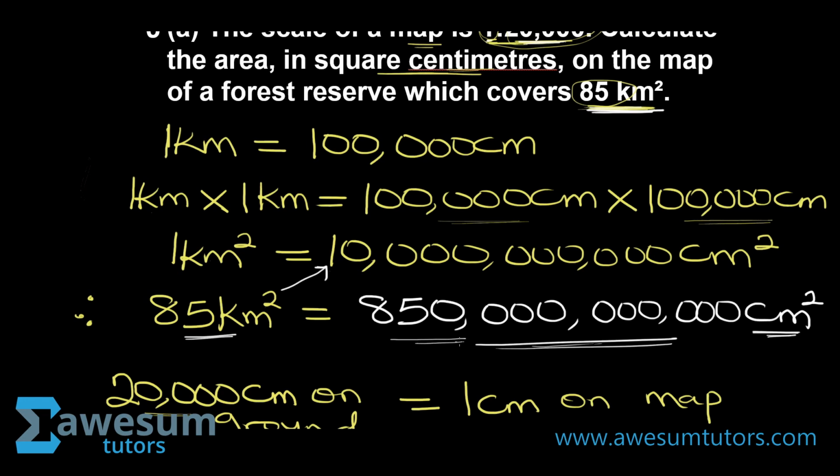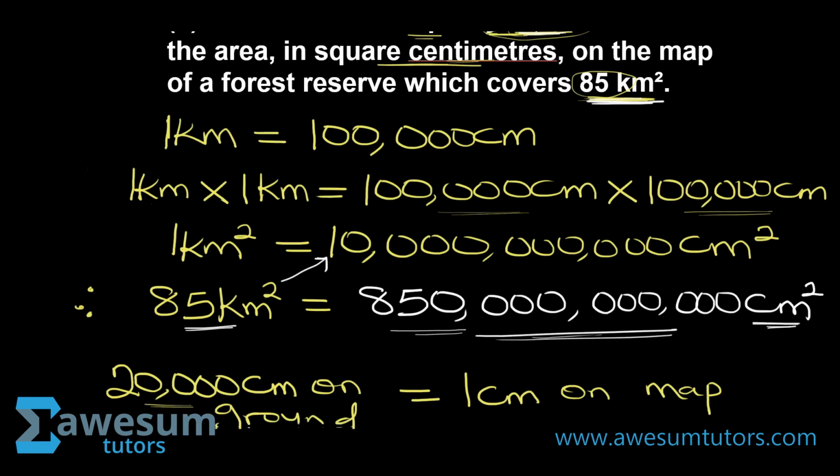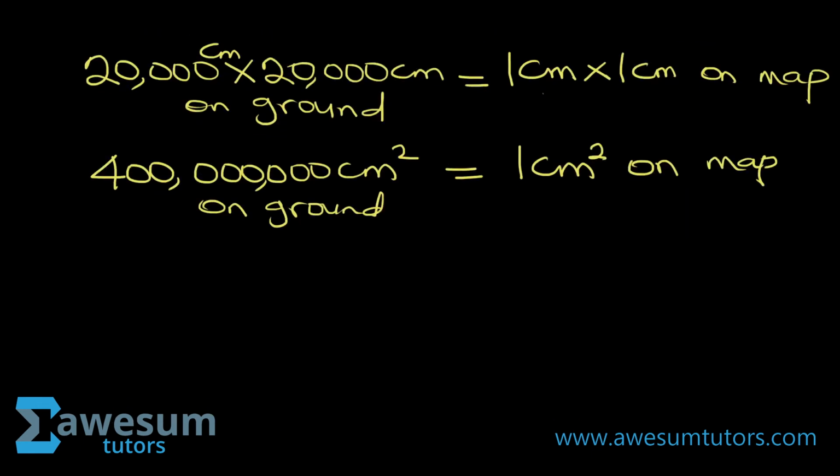So now we can come back here and do this, since we know that 400 million centimeter square on ground equals 1 centimeter square on map.